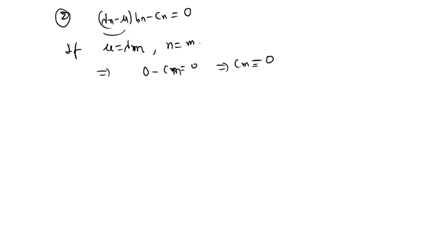So now again we have two possibilities. If Cm is 0, and Bm remains arbitrary, then you cannot find Bm as the coefficient is 0. So Bm remains arbitrary.